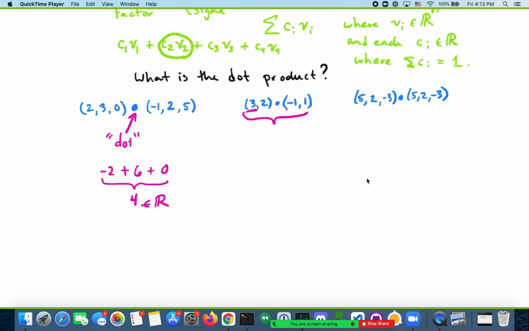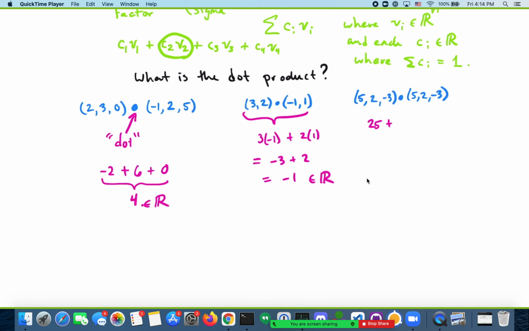Let's do this one. It's 3 times minus 1 plus 2 times 1. So 3 times minus 1 plus 2 times 1 equals minus 3 plus 2 equals minus 1. That is a real number. So we had two vectors, this time they were in the plane, and we dotted them together and got minus 1. Here we do 5 times 5 is 25. So now I'm over here. I have a vector in R3, a vector in R3, and I'm dotting them together.